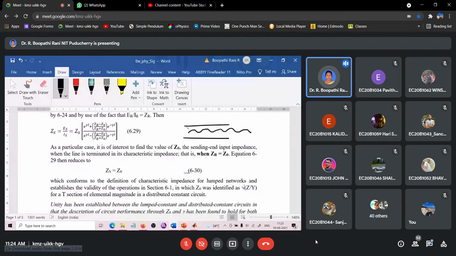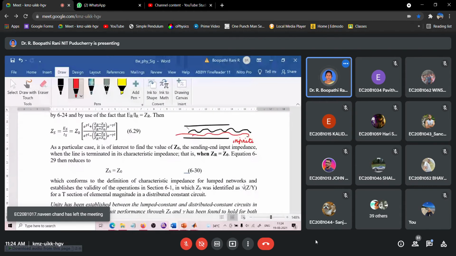But in the case of an infinite line, will the reflected signal reach the source? The length is so huge. Before that, it will get attenuated, isn't it? For the infinite length of line, the reflected signal will not reach the source, before that it will be decreasing in magnitude, and there will not be any significance.